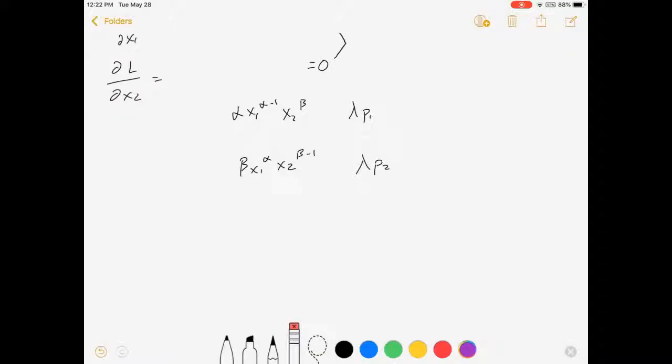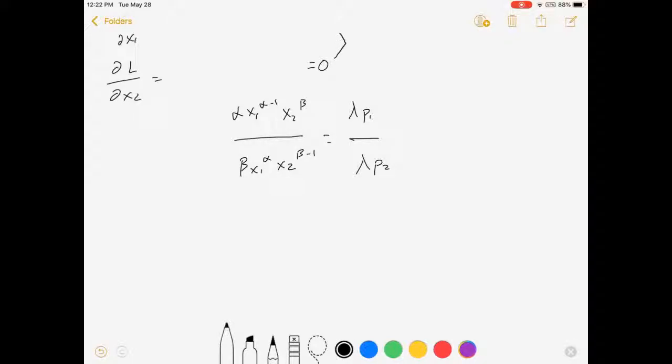I'm going to now take a ratio of each of these, where the ratio of the marginal utility from x1 over marginal utility of x2, so this is my marginal rate of substitution on the left-hand side, is equal to that.